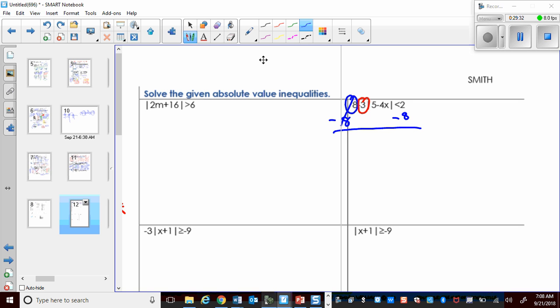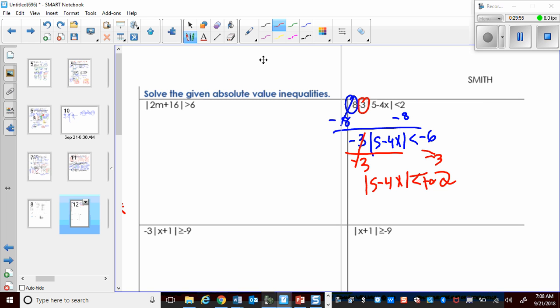I'm going to get -3 coming down, absolute value of 5 minus 4x, less than -6. Now, I'm going to divide -3 all the way across because that coefficient is multiplied. And I get the absolute value of 5 minus 4x is greater than 2.